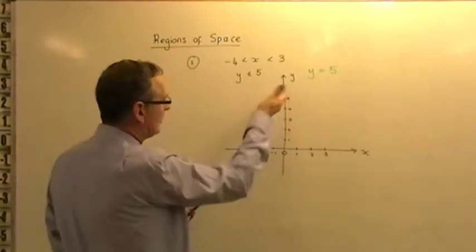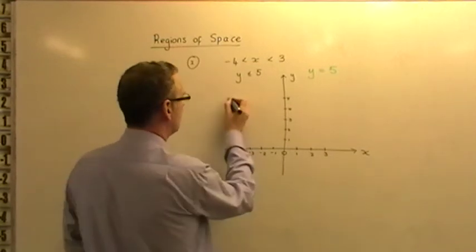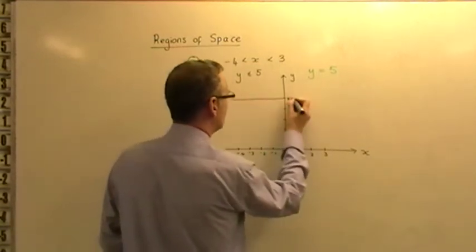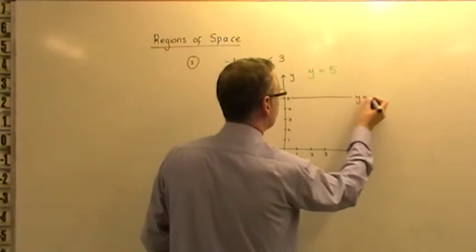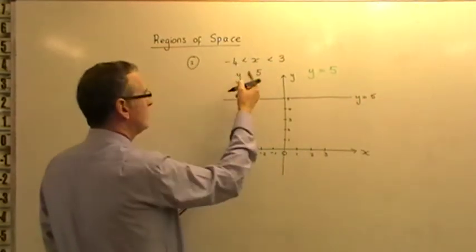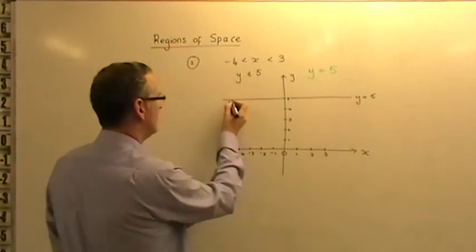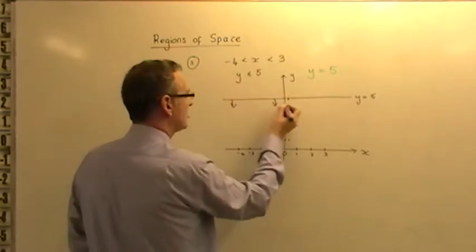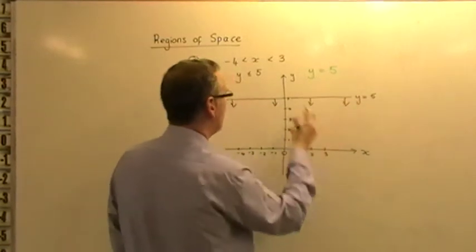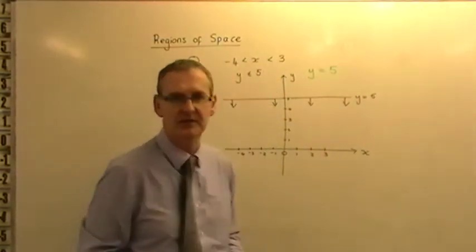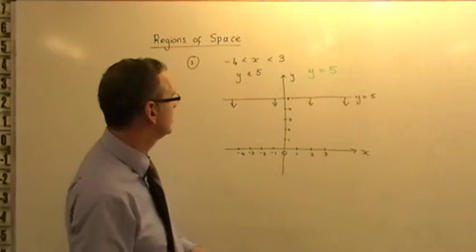So I go to 5 on the y-axis, and I need to draw a solid line horizontally at y equals 5. All the points must have y values less than 5. So you put an arrow pointing straight down. So there is the inequality for the second of the two conditions.